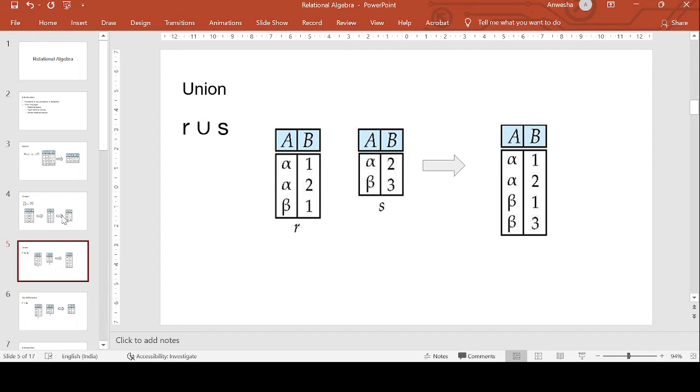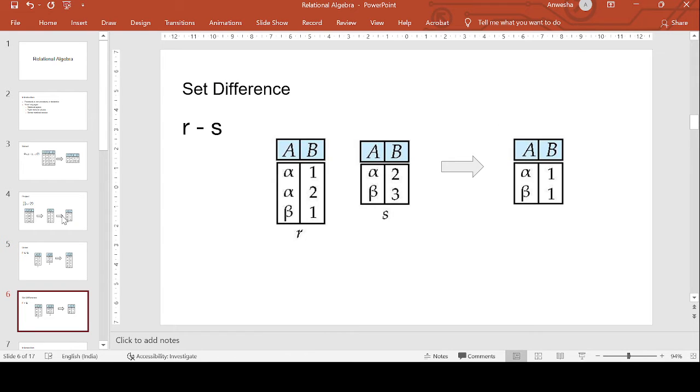In R we have two attributes A, B. In S also we have two attributes A, B. All rows from R and S will be taken in the result. So alpha 1, alpha 2, beta 1, alpha 2, beta 3. Alpha 2 is in R as well as in S. So the result will contain alpha 1, alpha 2, beta 1, beta 3. Okay, so all the rows will be considered.